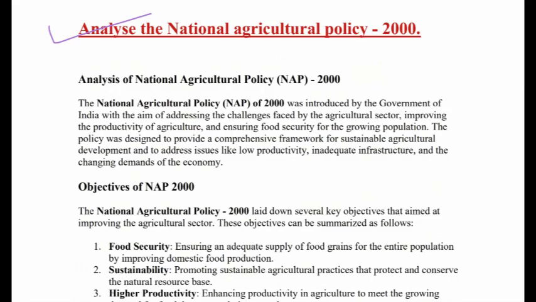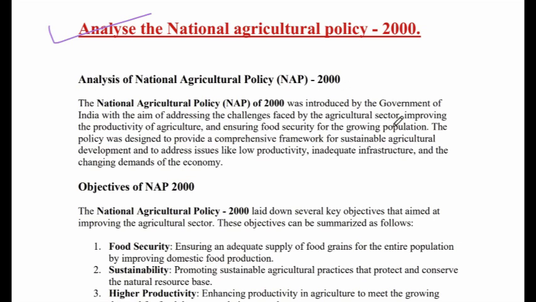National Agricultural Policy, NAP of 2000. We have to do an analysis of that. The National Agricultural Policy of 2000, which was introduced by the Government of India, what was its aim? It was to address the challenges faced by the agricultural sector. That is why the National Agricultural Policy was drafted and implemented.